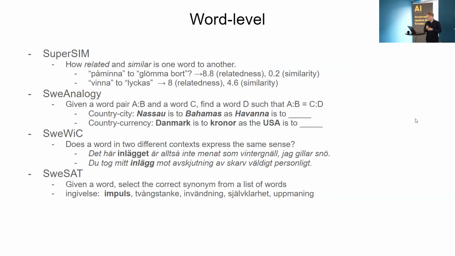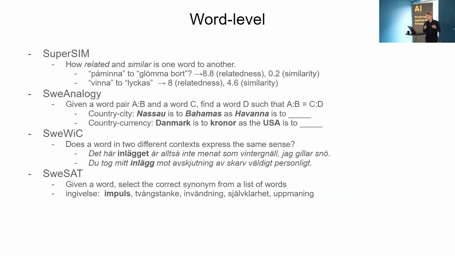And then we have the SWE analogy data sets, where given a word pair A and B and a word C, you want to find a word D such that A is to B as C is to D. So you find a counterpart for the same analogous pairing.